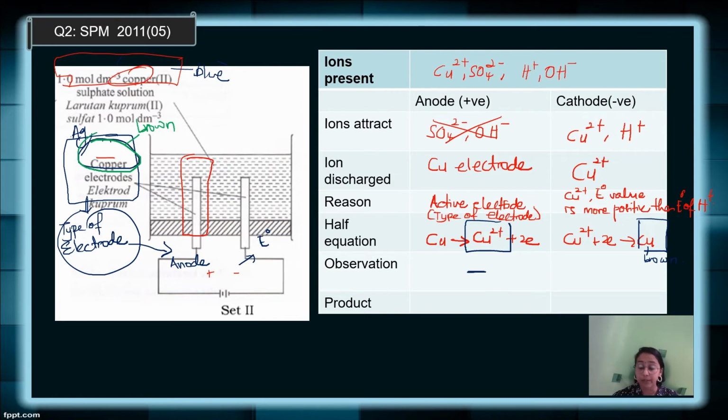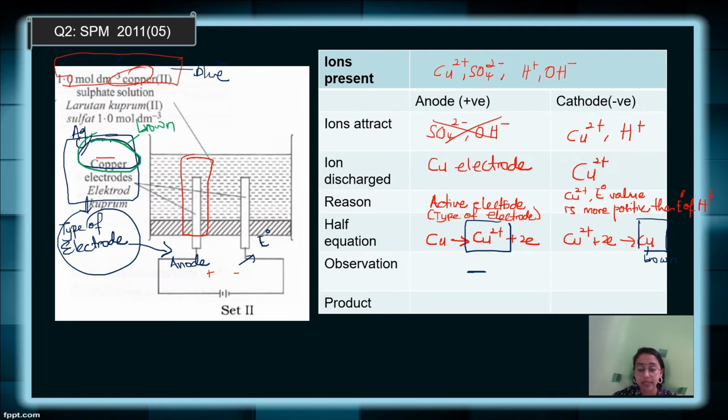Unless you have very bionic eyes, you're not able to see it. So don't ever mention the colors when we are using copper electrodes and copper is formed. We talk about the size. Because hardly can we observe the color, it's already brown and brown is depositing on it. Okay, it's quite difficult to mention the colors.